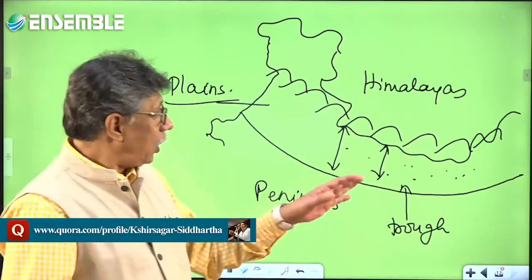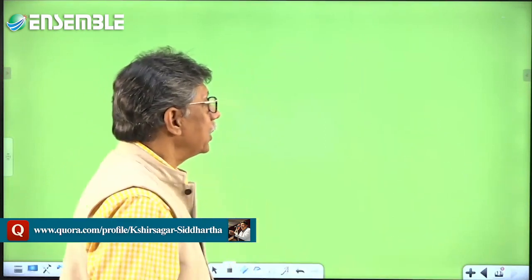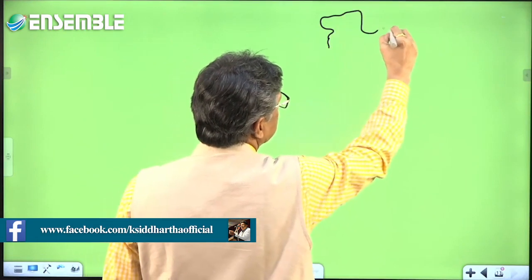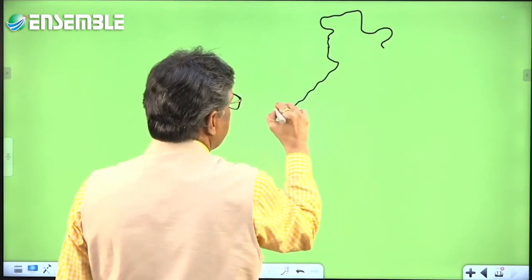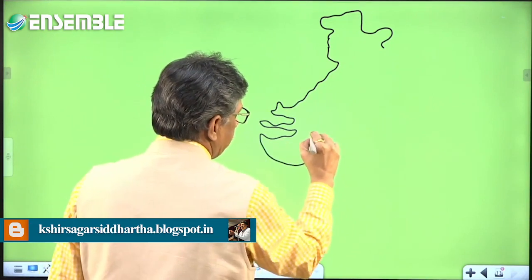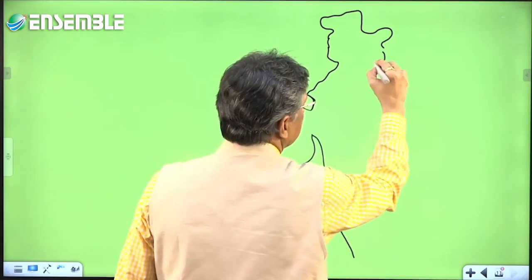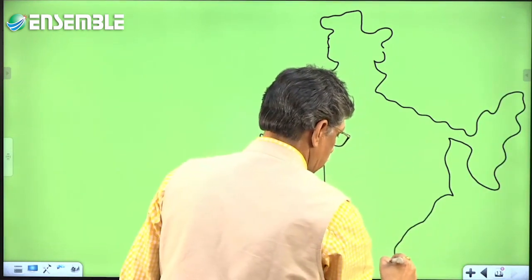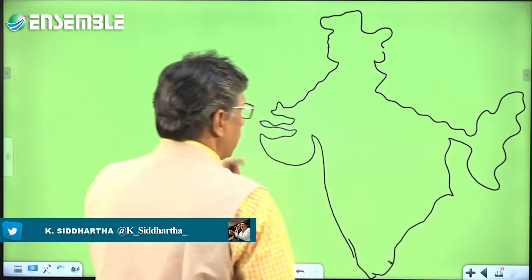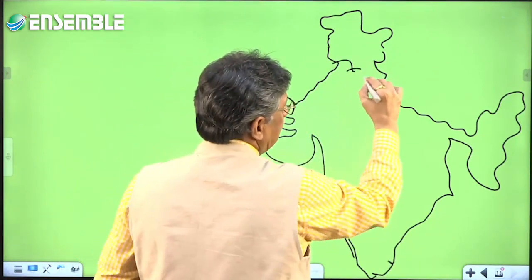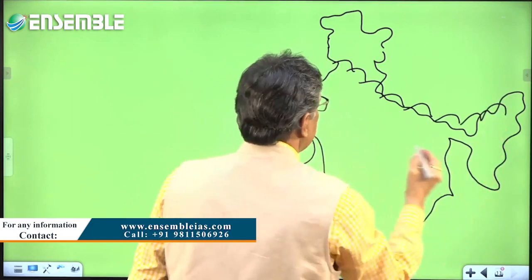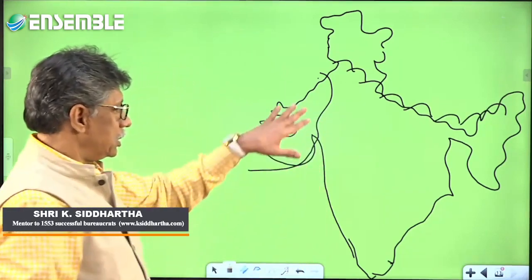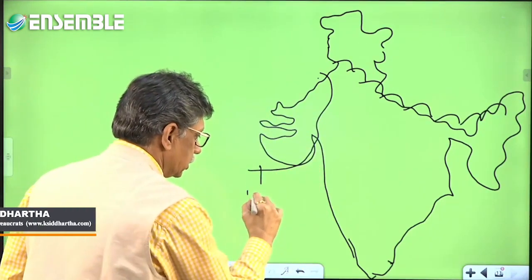While all of this activity was going on, there were other activities going on in a parallel manner. Take a look at it. While the Himalayas were being formed, almost the whole of this portion was under sea.